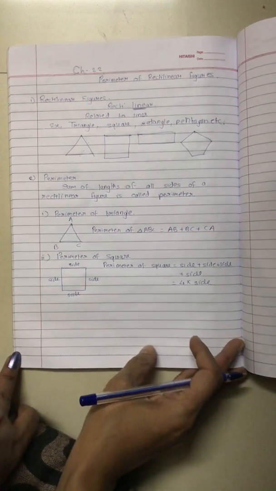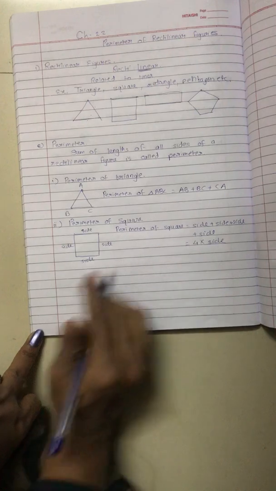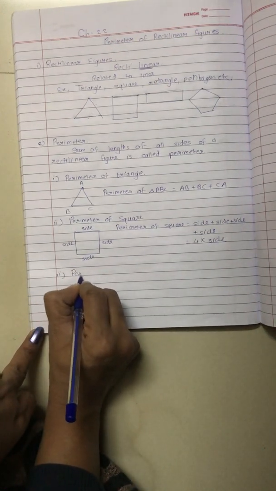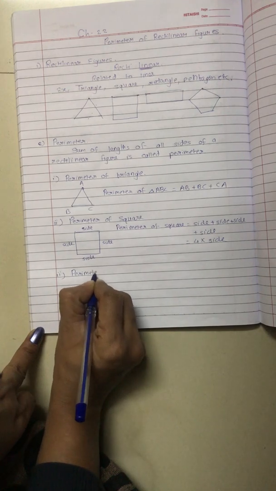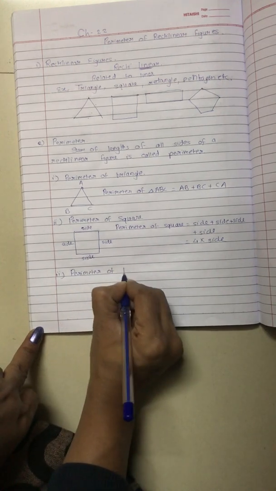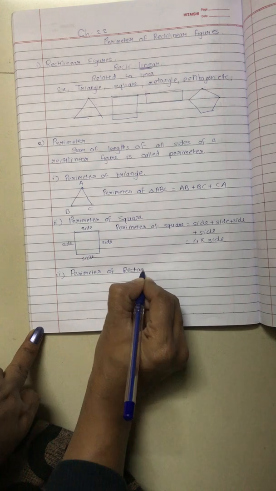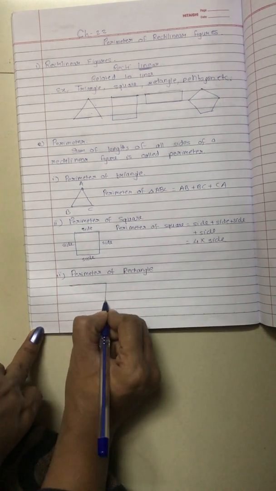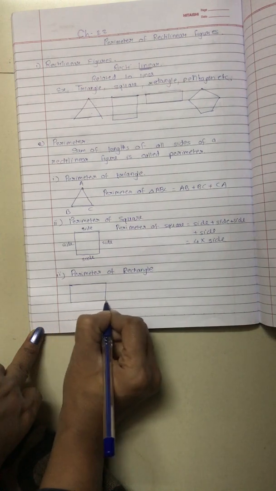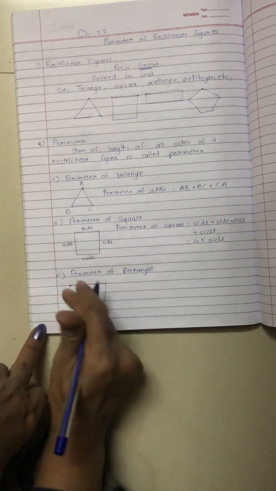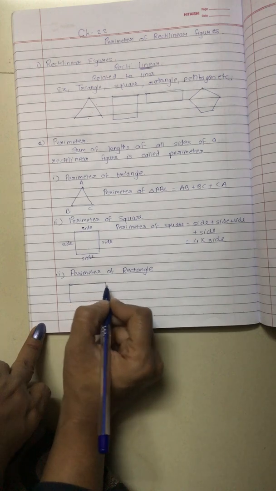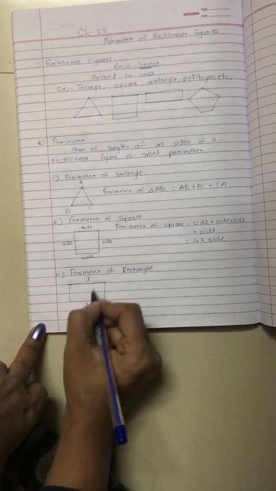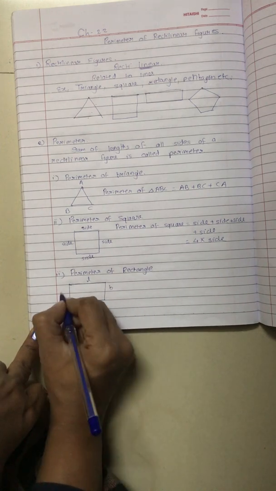Now the next formula is related to the perimeter of a rectangle. The common formula will be the sum of all the sides. But in a rectangle, you know that two sides are equal, meaning the lengths are equal and the breadths are equal.